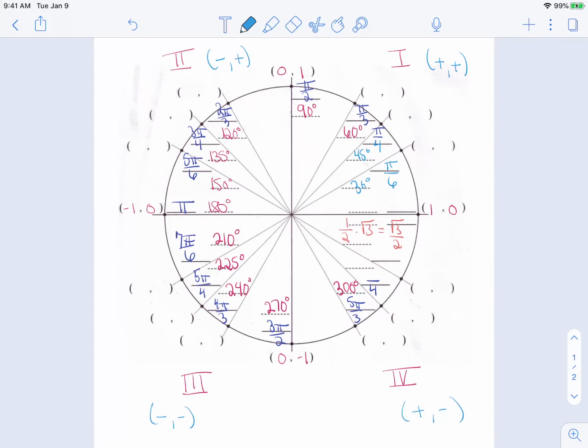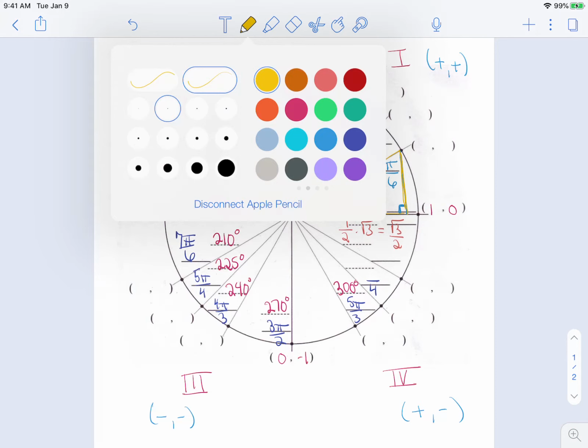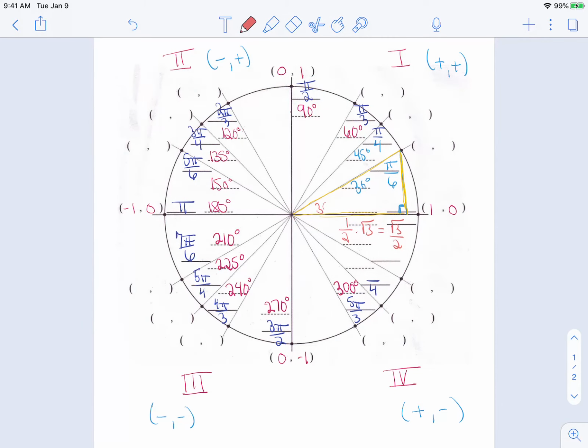Now, what we want to do is create a right triangle with this 30-degree marking, or pi over 6. So if you look at this, we have a right triangle. The only thing we know about this right triangle is that this angle measures 30 degrees.